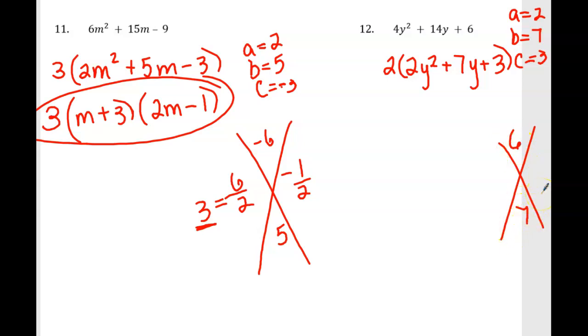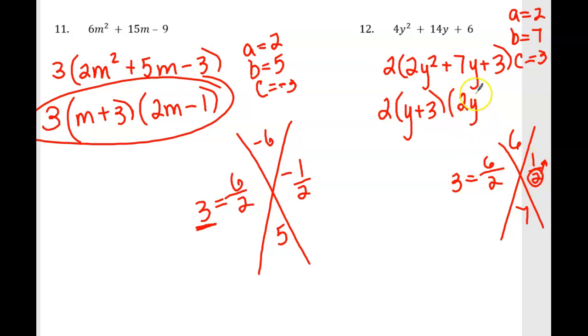Now the two numbers I'm going to multiply would be 6 and 1. I'm going to divide by the leading coefficient of 2. So I've got 3, so this is going to be 2 times y plus 3. That's a positive 3. And then the second one, the denominator becomes the coefficient, 2y plus 1.